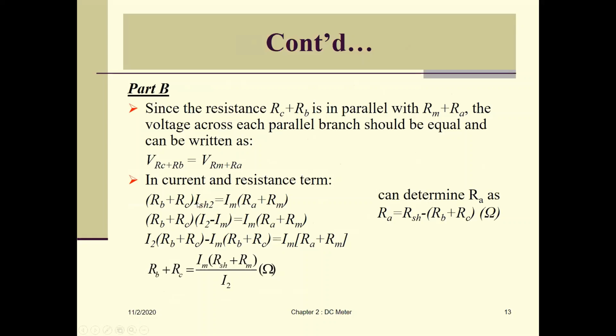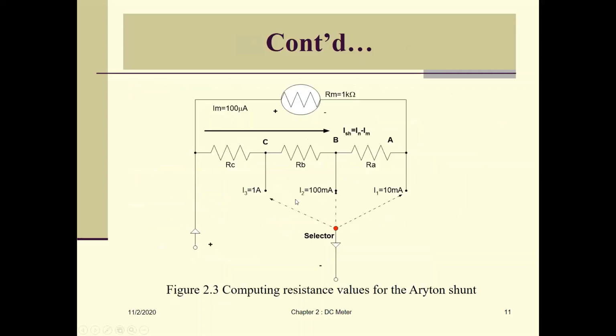As I mentioned, for part B we connect to this one. That means RA and RM will be in series, in parallel with RB, in series with RC.